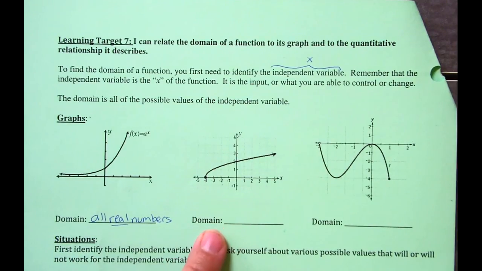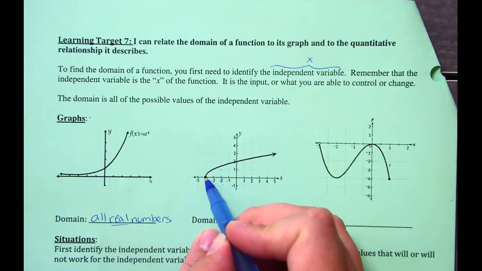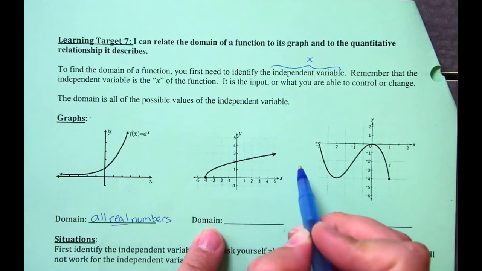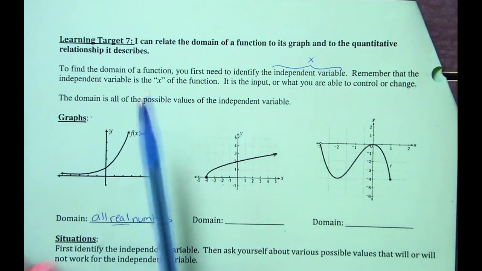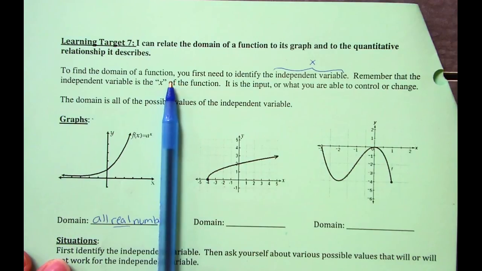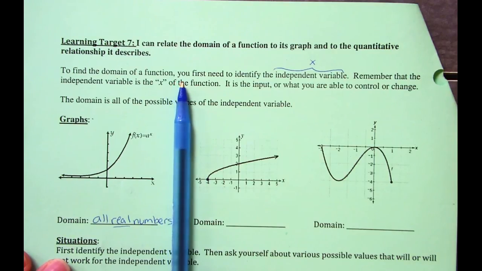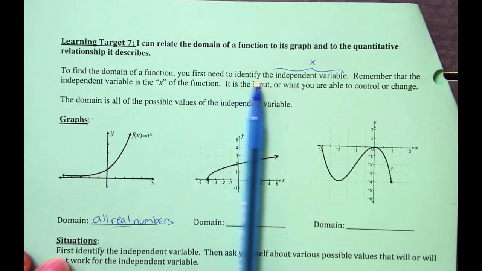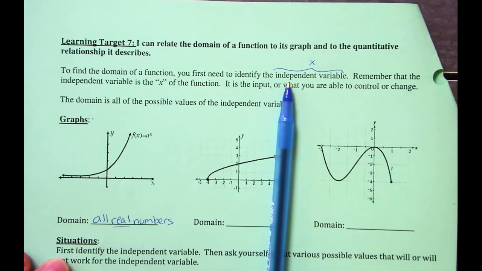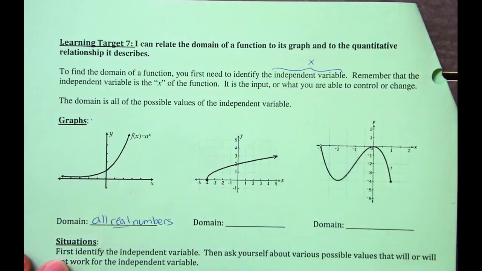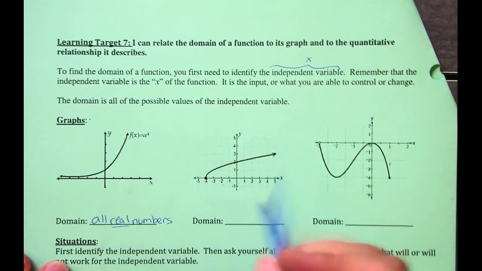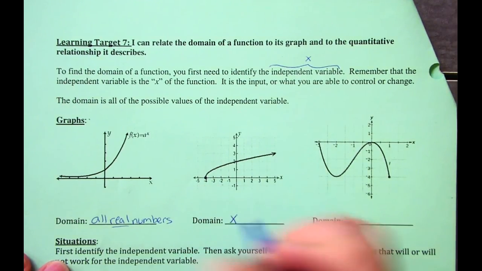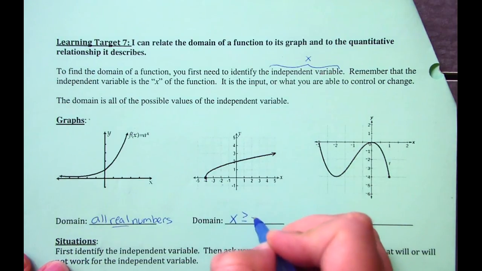Over here, this graph starts at -4 and goes everywhere to the right. If you were to run your pencil along the graph, there's no graph, no graph, no graph, and at -4, bam, the graph starts. And then everything after -4, there is a graph going that way. So the domain is going to be all the x values that are bigger than or equal to -4.